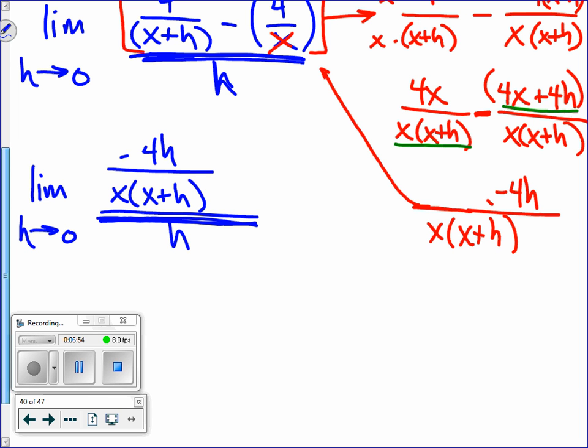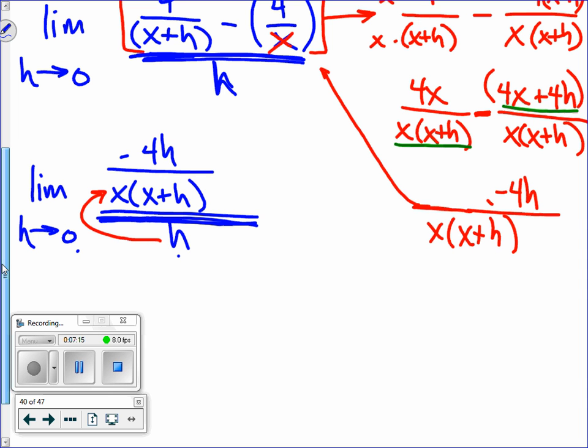So now, if I want to simplify this, I still can't put the 0 here. That's still a problem. But if I want to simplify this, I can take this h that's in the bottom and I can bring it to the top. Right? That's one of these fraction simplification steps we've had many, many times this semester.